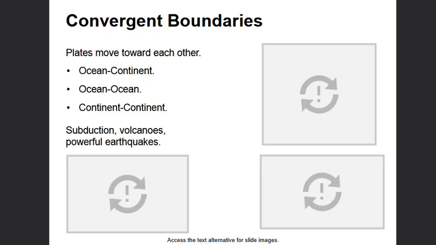Then you can have oceanic-oceanic, where the older oceanic plate will subduct. And then continental-continental, where you have no subduction. Instead, what you have is the creation of mountains, for instance the Himalaya mountains in Asia.